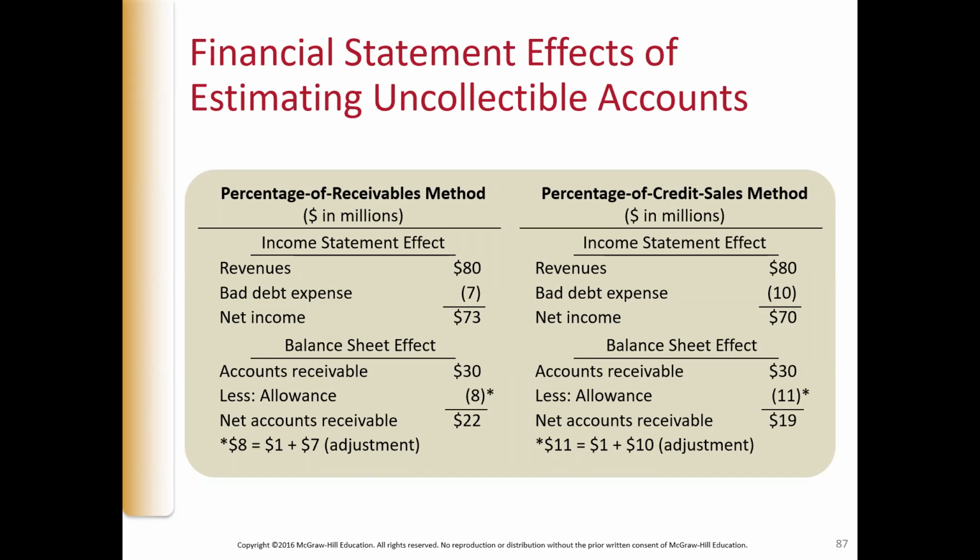We keep that 1 million credit in there, and we have a 10 million adjustment, which gives us an allowance now sitting in there of 11 million. We don't worry about whatever credit or debit is sitting in the allowance for the uncollectible account when we do that.